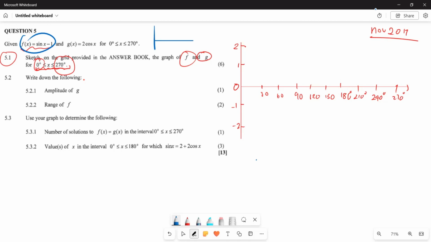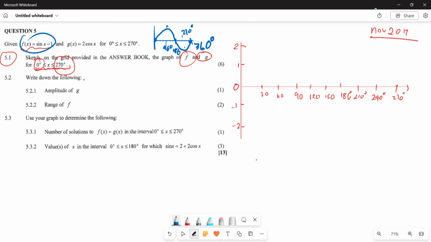It starts at 0, goes like this and like that, with a turning point at 90 degrees, an intercept at 180 degrees, a turning point at 270, and then at 360 degrees it is also an intercept.